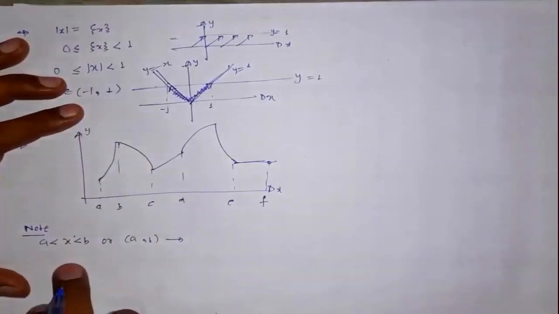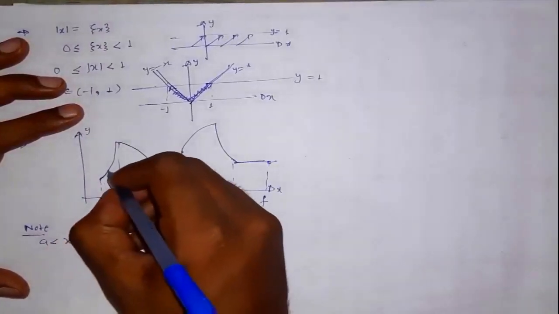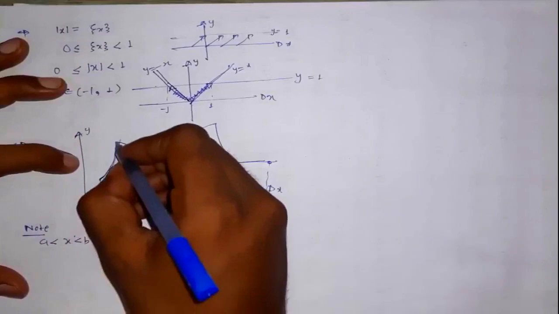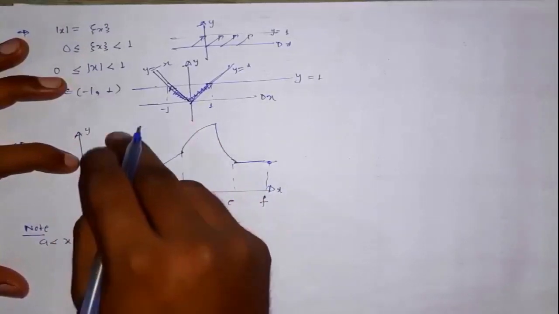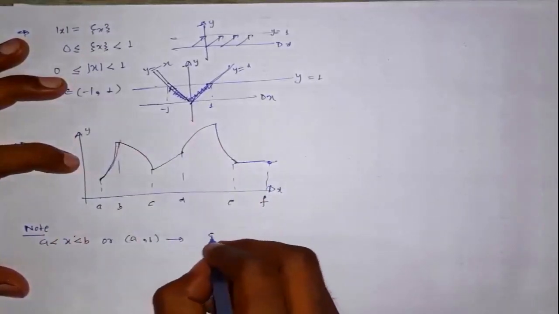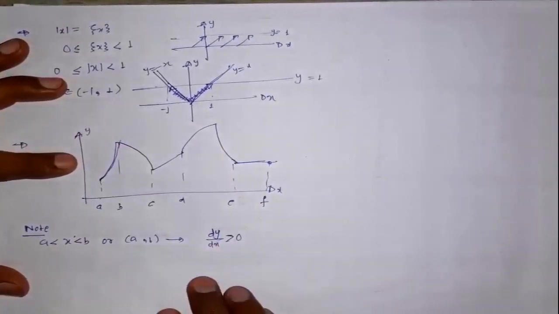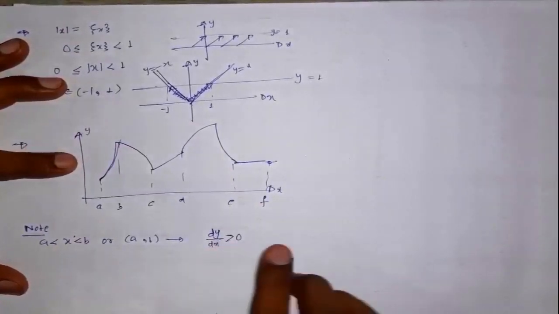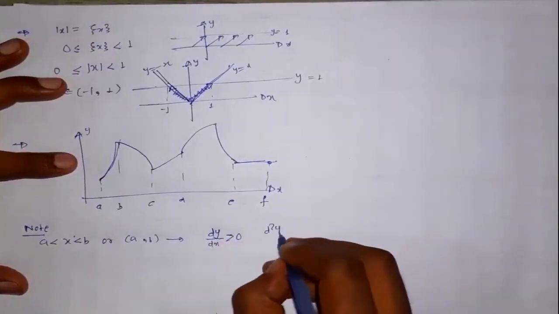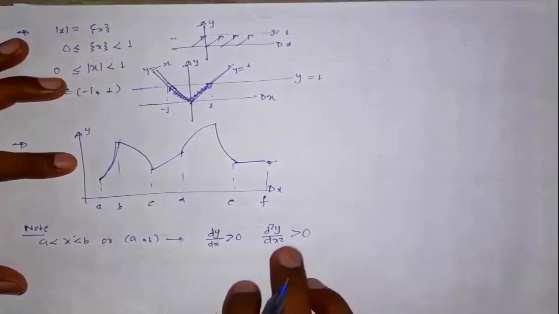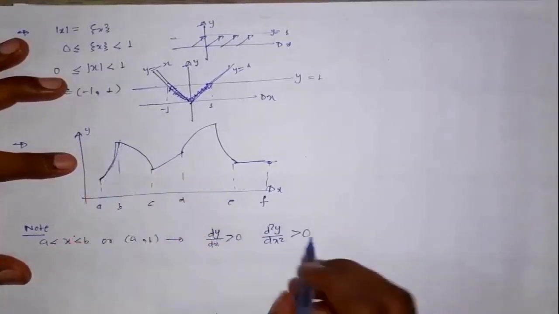This is increasing, because if we increase the value of x from A to B, the value of y is also increasing. So this is called a strictly increasing function. So for this, dy by dx will be positive, and d2y by dx square will also be positive, because this is an increasing function and concave up.